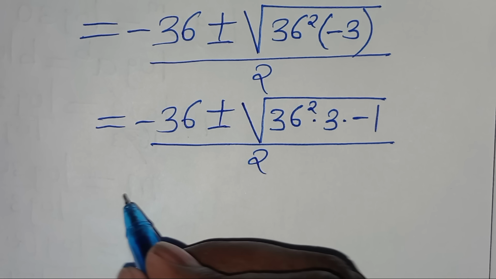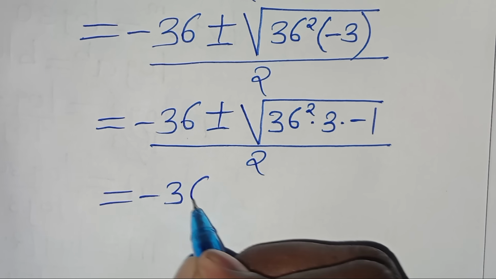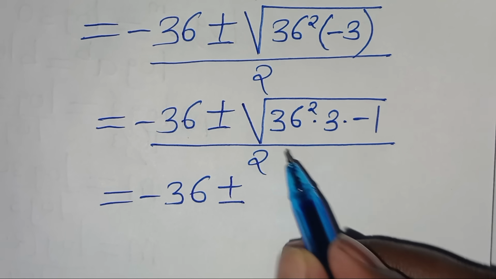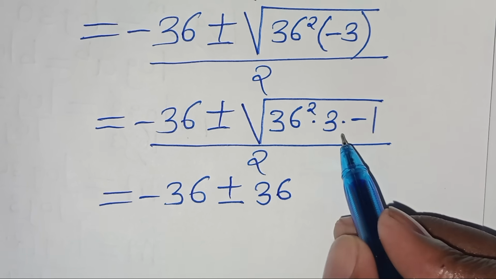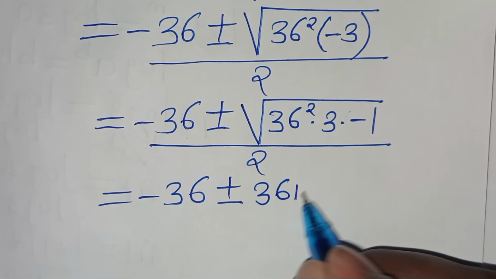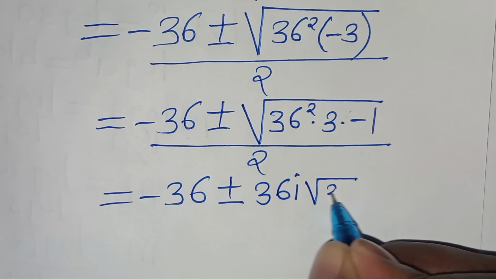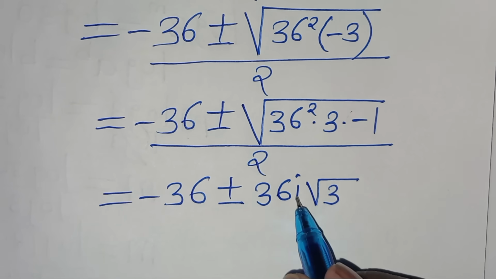Which is the same thing as minus 36 plus or minus. Now let's eliminate the square root here. So this is 36, then the square root of minus 1, this is i, then the square root of 3. So that is 6i square root of 3, divided by 2.